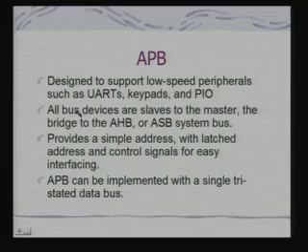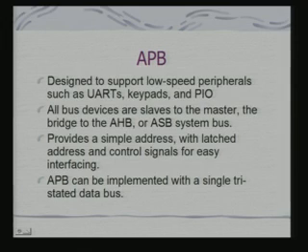The next thing is the peripheral bus. The APB, or peripheral bus, is designed to support what we call low speed peripherals such as UARTs, keypads and general purpose parallel IO. All bus devices in this case are slaves to the master.